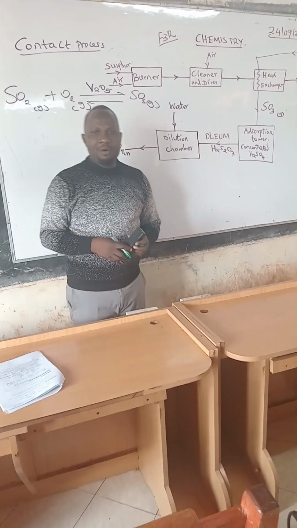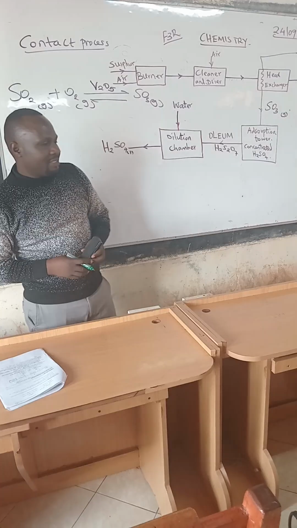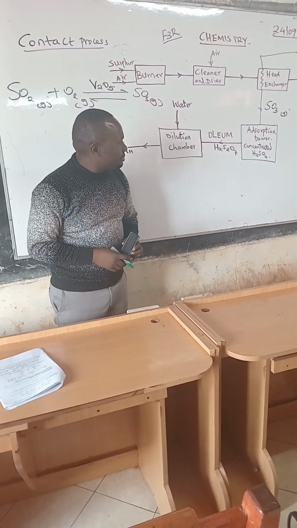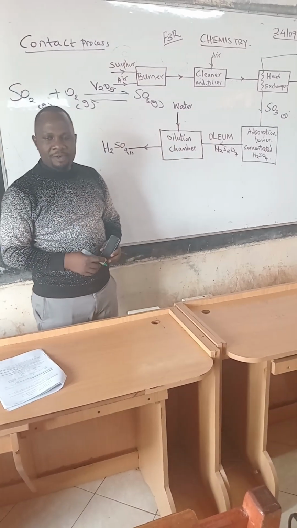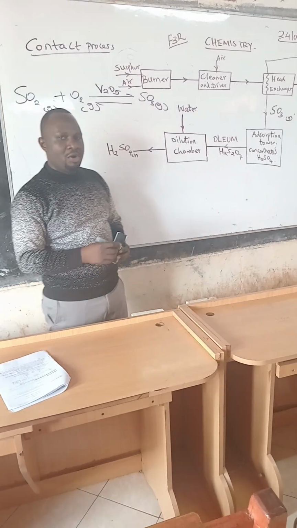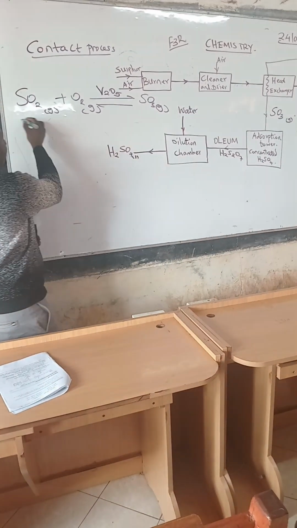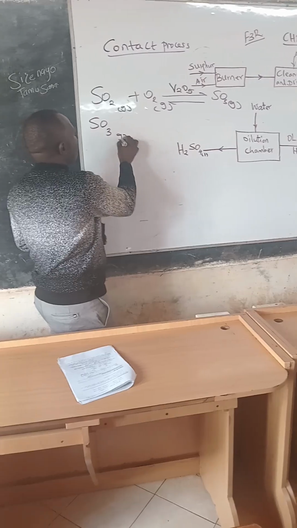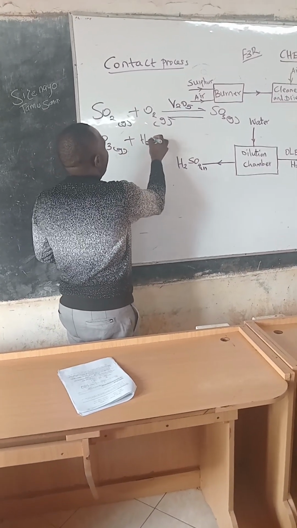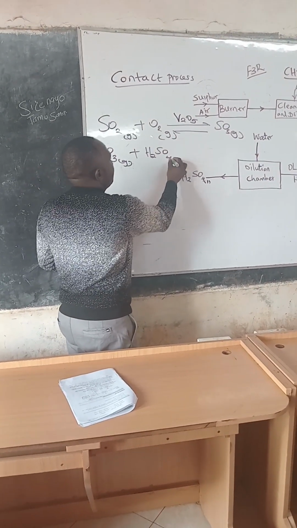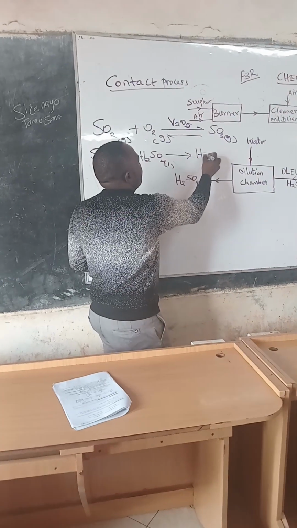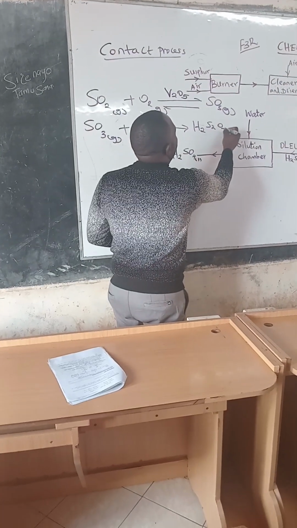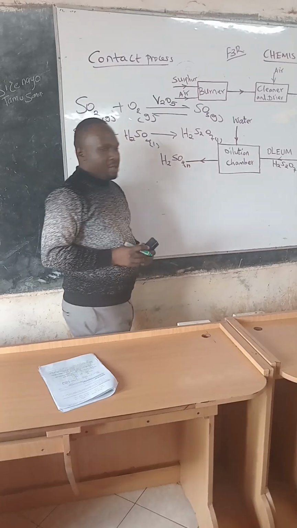In the absorption tower, we are going to react the sulfur 6 oxide with concentrated sulfuric 6 acid for us to obtain a compound known as oleum. We have our oleum.